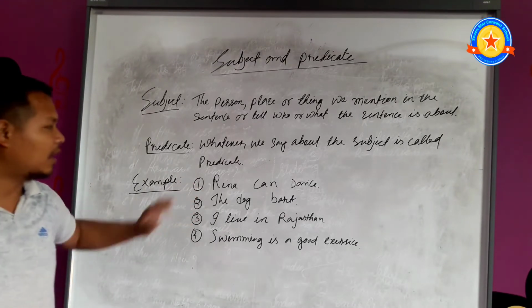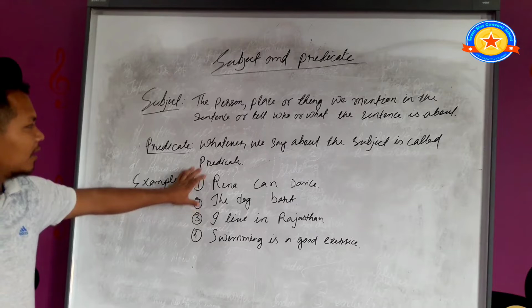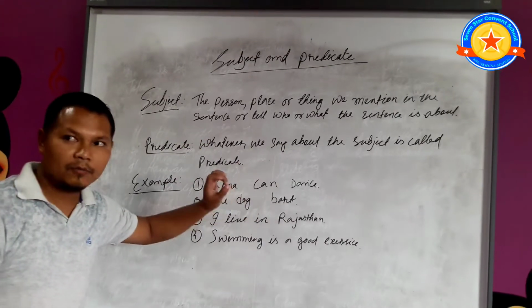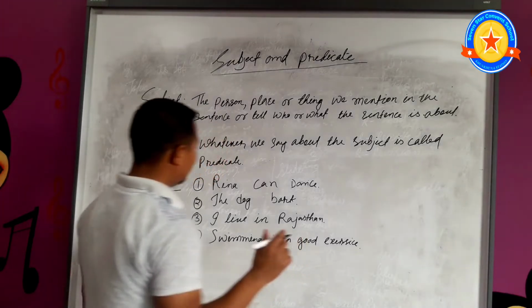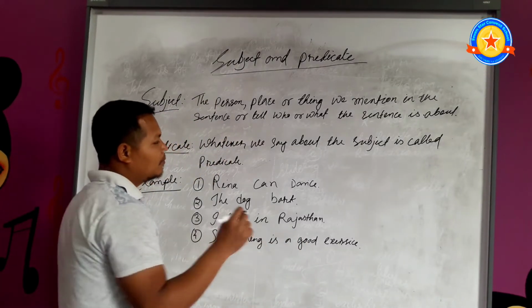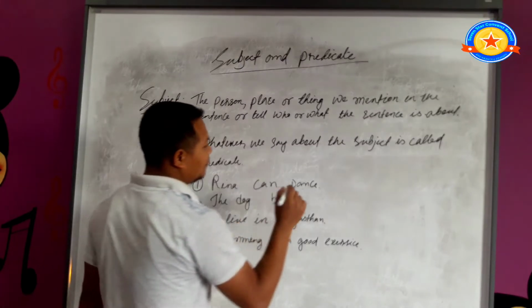And now, how will we identify which one is the subject and which one is the predicate? First, let me give one important note you have to keep in mind.